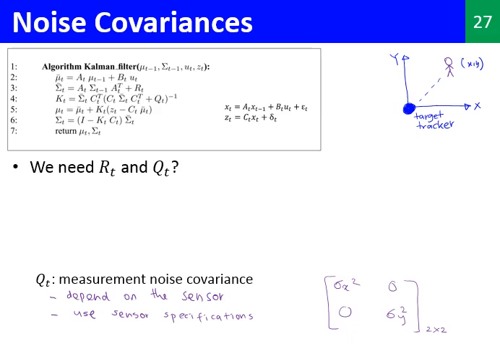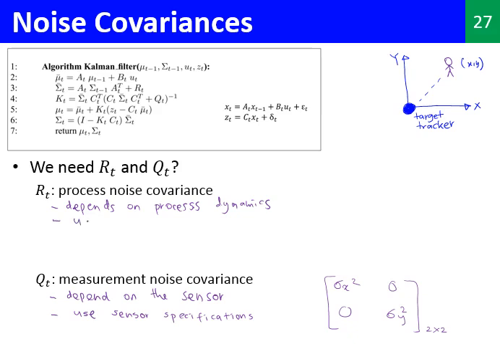Now, the process noise covariance is not that easy to obtain. Again, the best way is to conduct enough experiments to find the process dynamics. So this depends on process dynamics, and let me also write that it is usually difficult to obtain.